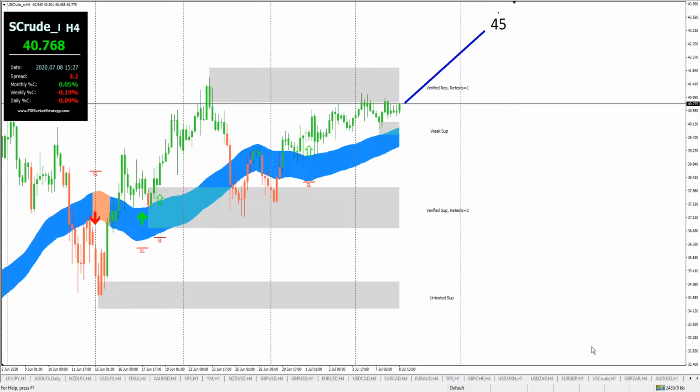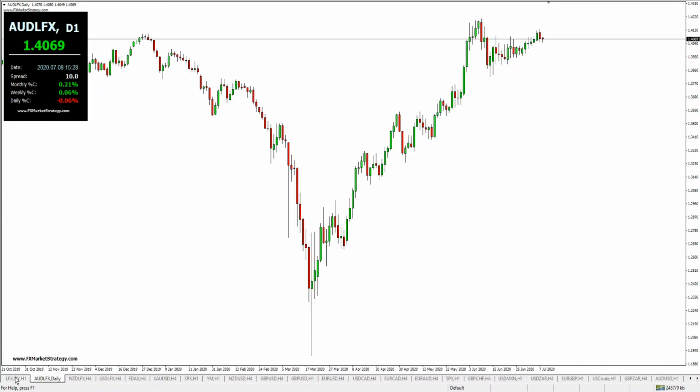Also, if you want to take some good trades, watch out. Australian is about to come down. This needs to come down. So watch out. This is terrible. This is showing some reversal, double top here.